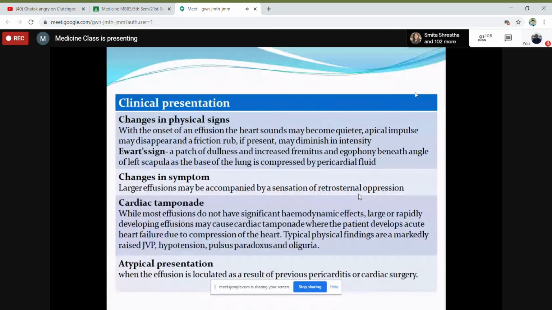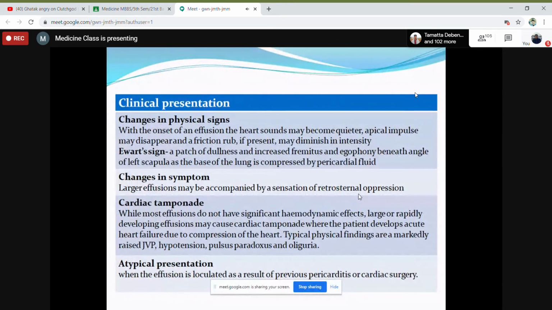Okay, so Ewart sign is a patch of dullness or increased vocal fremitus or egophony beneath the angle of the left scapula as the base of the lung is compressed by the pericardial fluid. This dullness on percussion, increased vocal fremitus, egophony, these are the physical findings that we get in a patient who has consolidation.